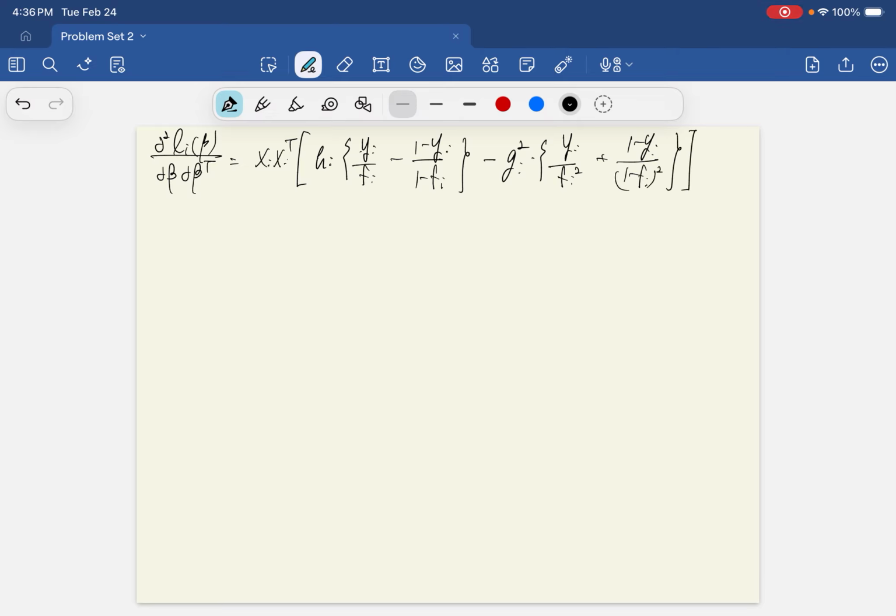All right, so this is the second derivative of the loss function, and then we are going to bound it.